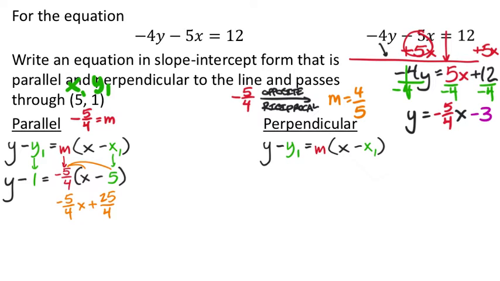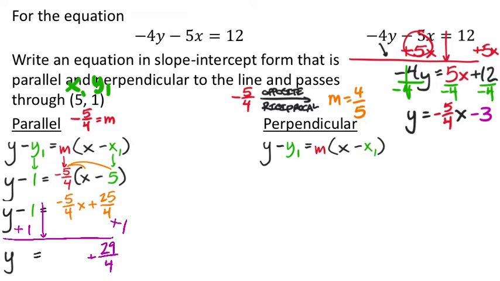We still have the y minus 1, so now we can work with that minus 1 by adding 1 to both sides. If you're worried about making common denominators, don't. Just put that in the calculator. That's going to give us 29/4, which is positive. This will change it into slope-intercept form.